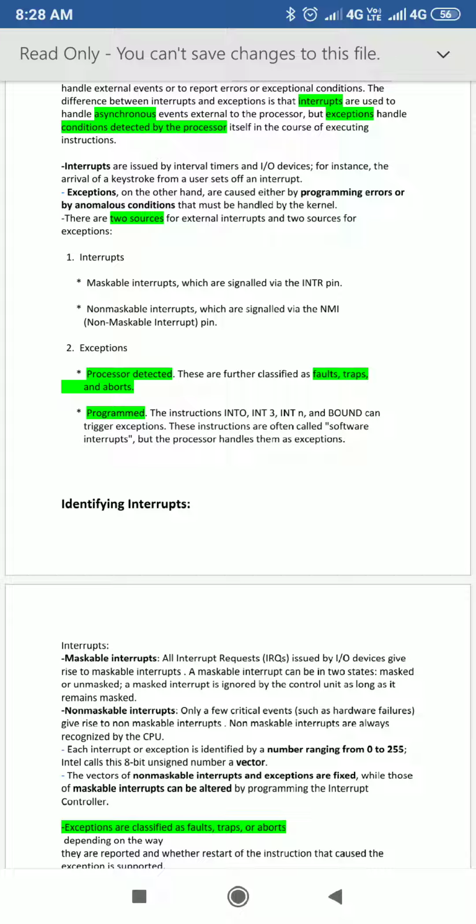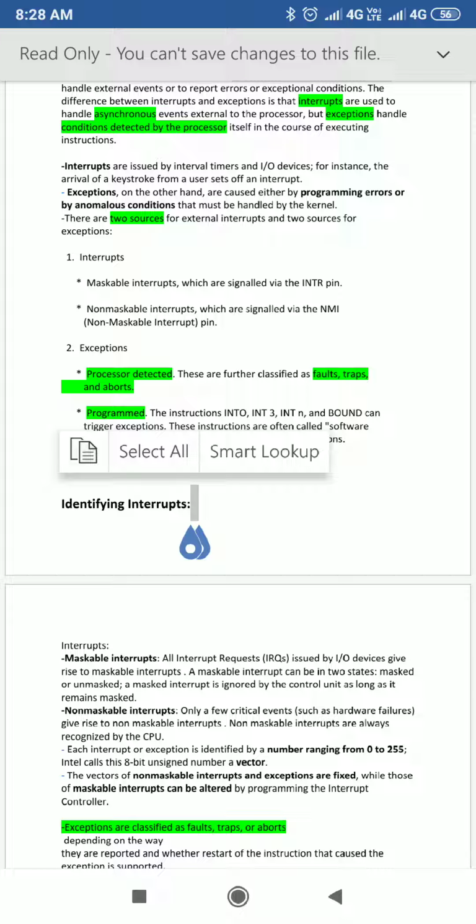Now, how do we identify an interrupt? When the microprocessor is executing a program and a user wants service for an IO device, then an external asynchronous input informs the microprocessor.